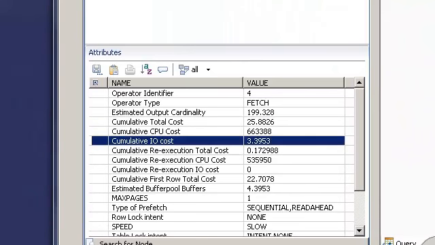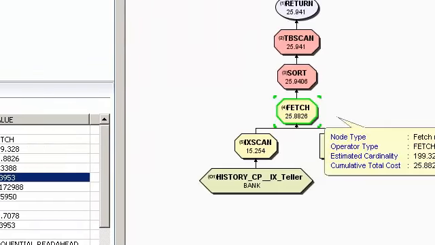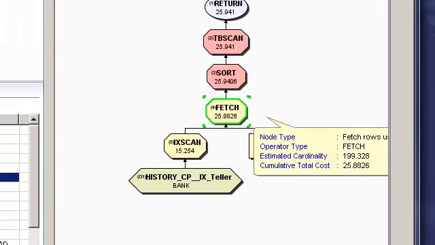So that tells us that, including the 2 I/Os from the index scan, there's 1 or 2 I/Os being required to perform the fetch of the 200 rows. Because the data is so clustered, just a small number of pages will actually hold all the information we need.